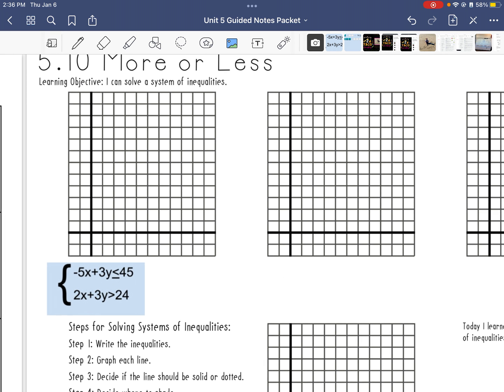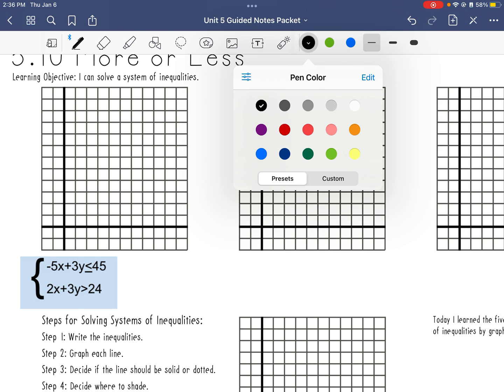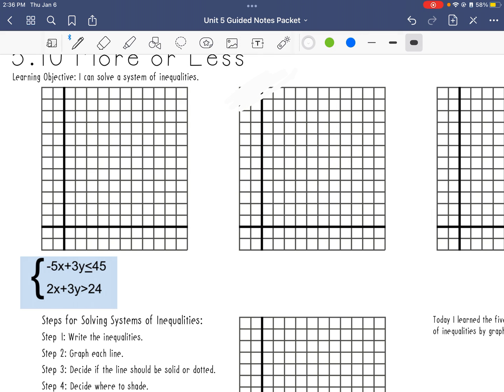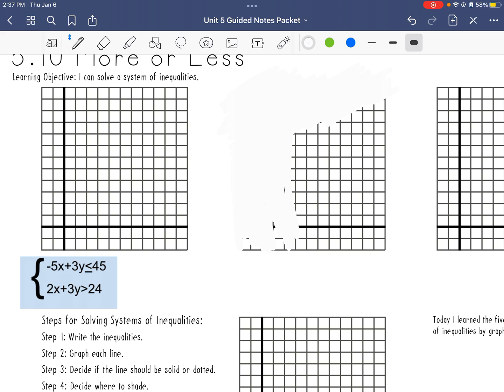I'm also going to create some space that I can write a little bit. You do only need 3 graphs for what we're doing today. So I'm going to kill this middle one so I have a little bit more room to work. You're welcome to just do this on the back or on a different piece of paper or whatever works for you.